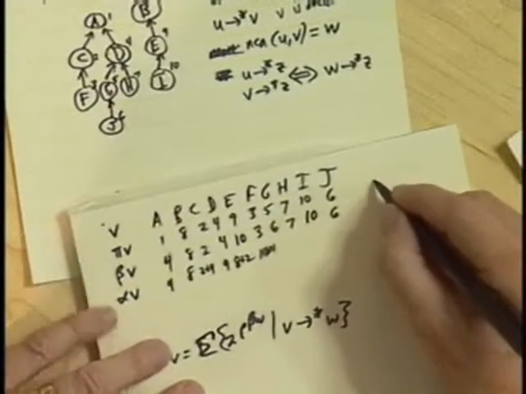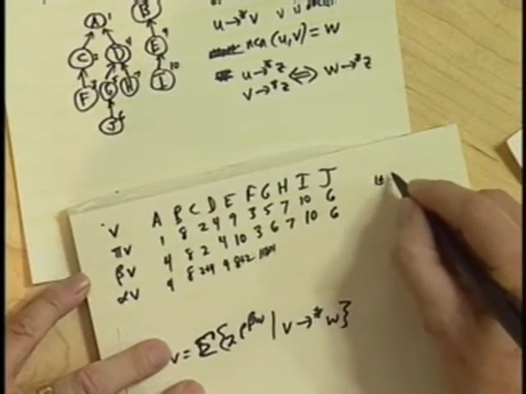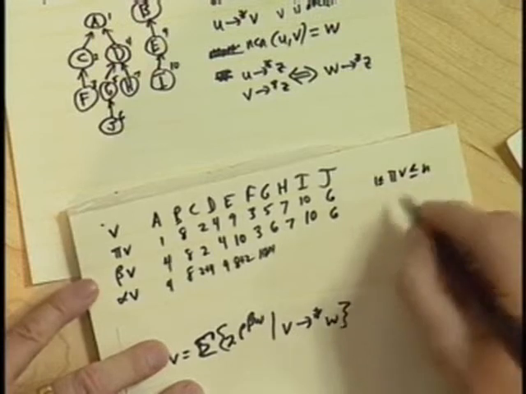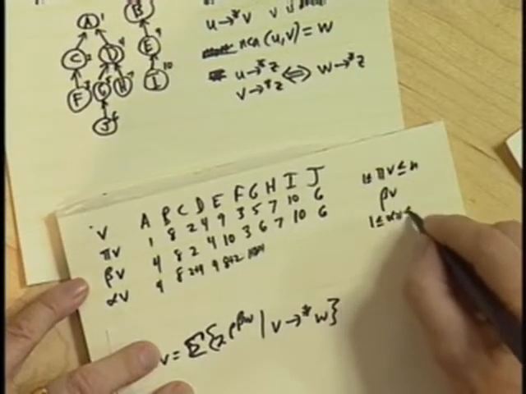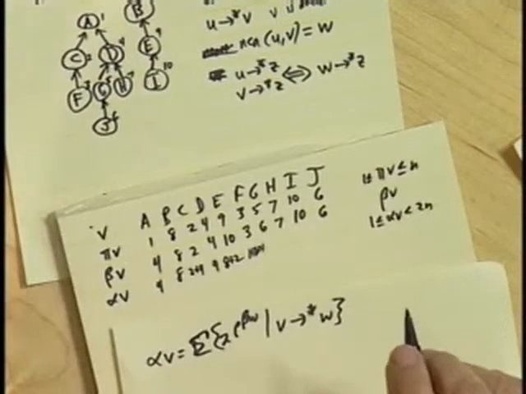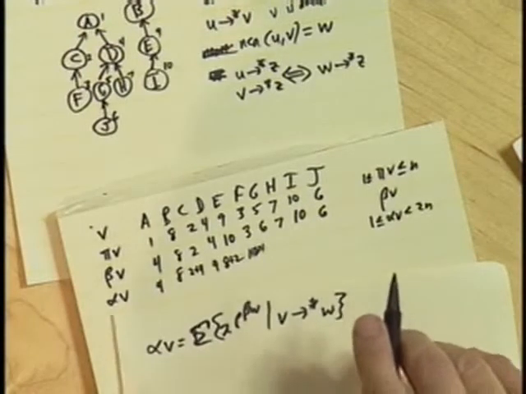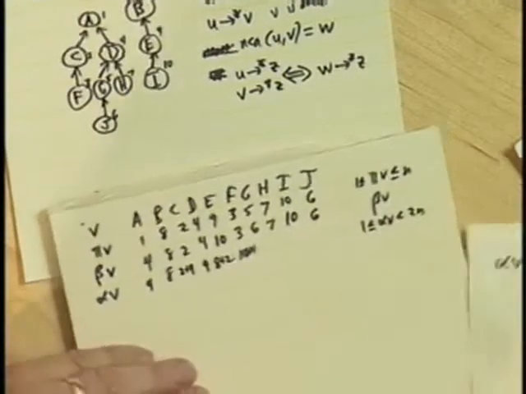This is going to be a number between 1 and n, and beta v is going to be between 1 and n, and alpha v is always going to be less than 2n. So these are numbers that we can calculate.